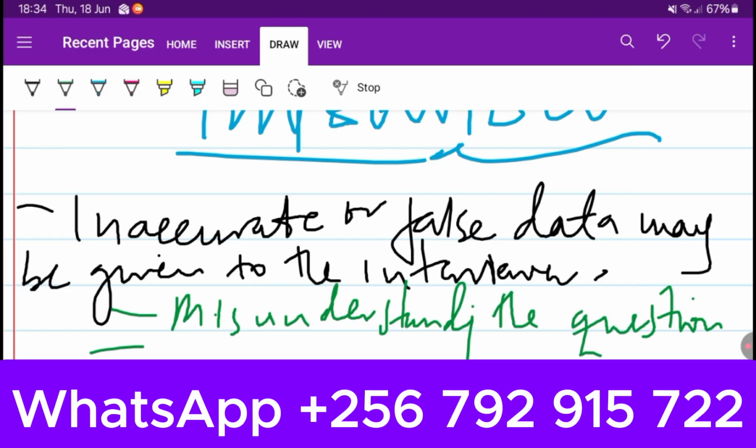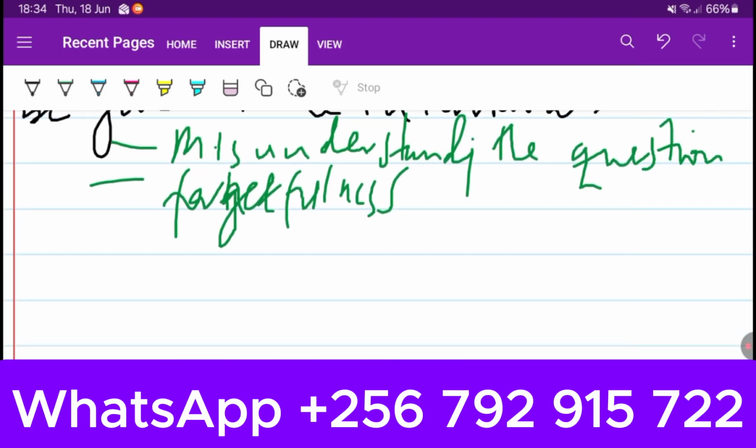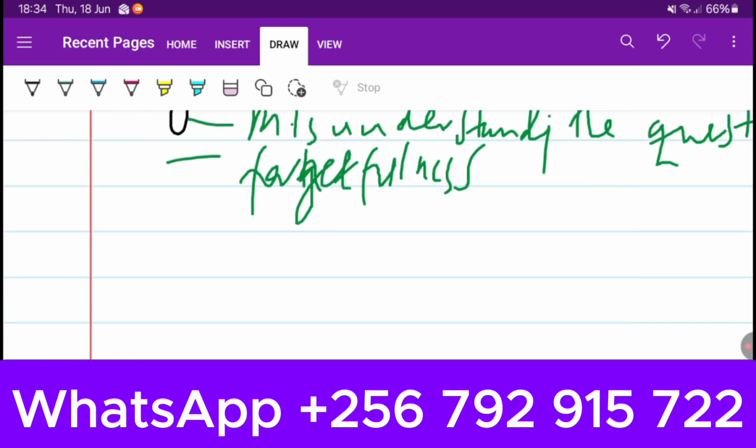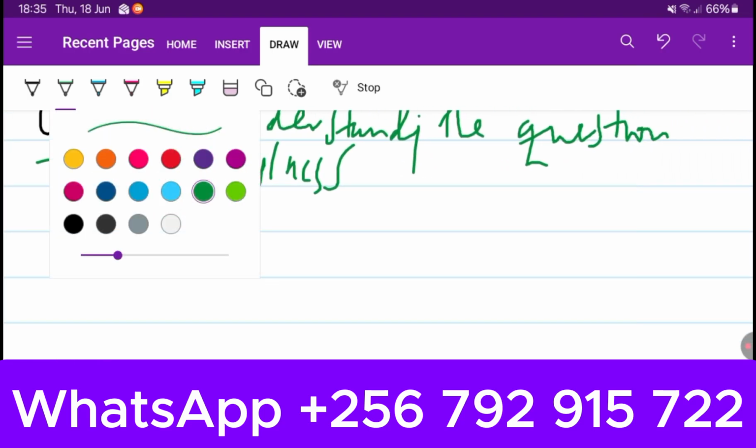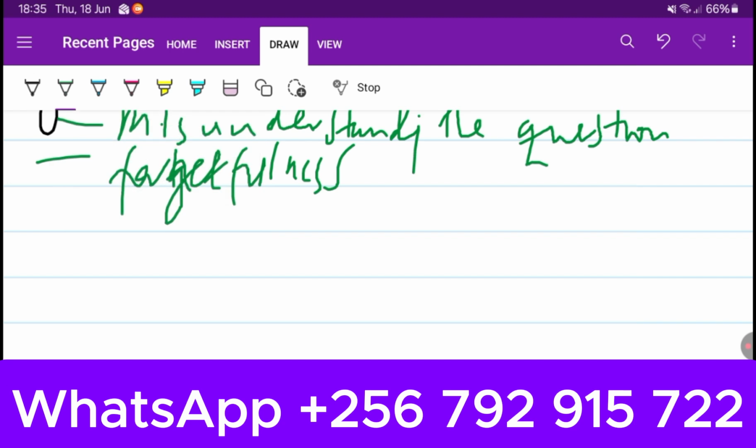Then the other one is forgetfulness. I may forget the information, then I end up giving you information that is not right, but I wasn't sure. I just forgot the right information, and I gave you what I thought was right.